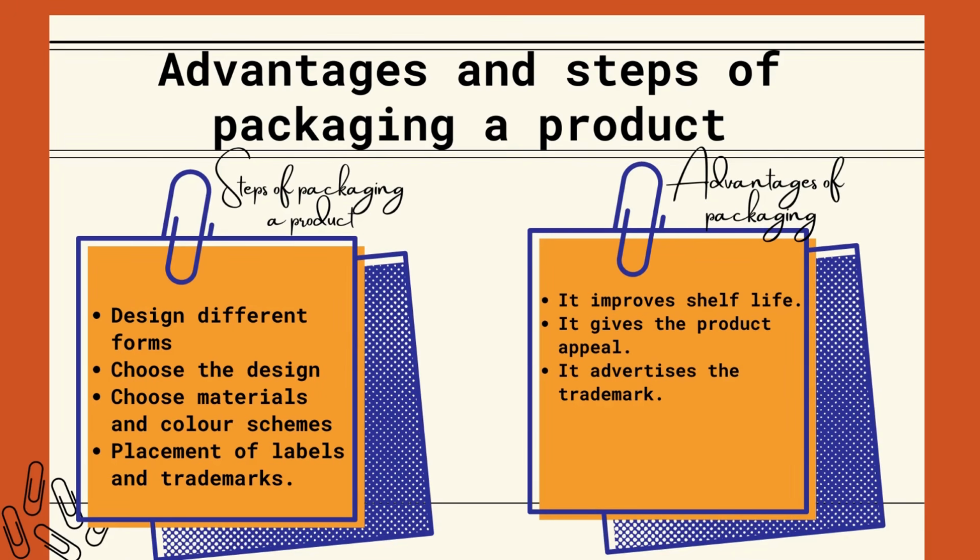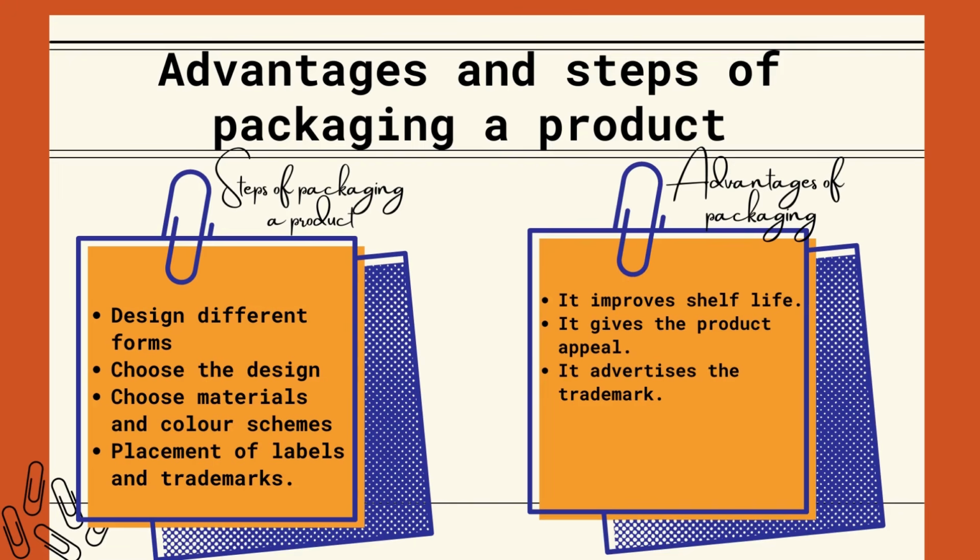Let's get into that. Now, the steps that are involved include designing different forms of packaging. Before you choose your best, you have to design different forms. Then you choose your design. Then you choose the material that you want to use and the color that will match your product, and also what the whole brand is all about.